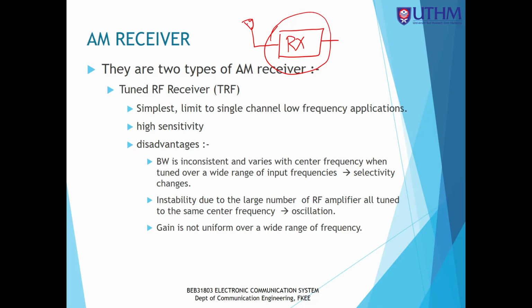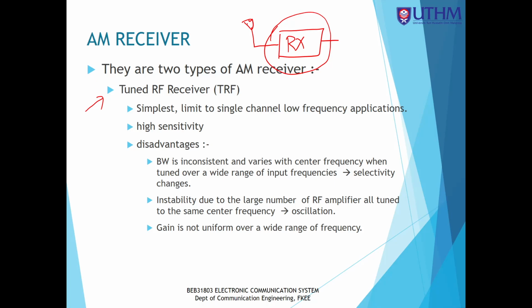The first one is the tuned RF receiver. This is one of the oldest receiver types, TRF, which is tuned RF receiver. It is simple, limited to single channel low frequency application.